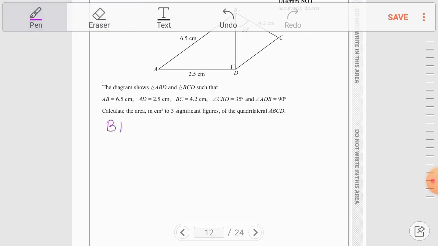So BD would be root over 6.5 square plus 2.5 square.